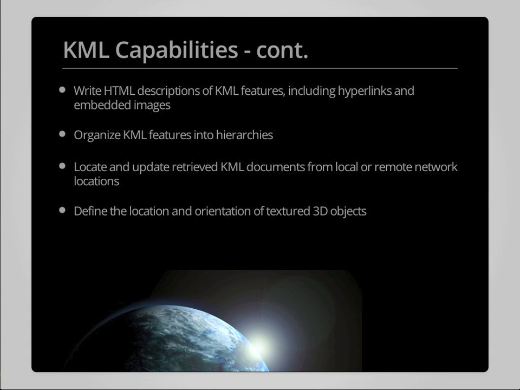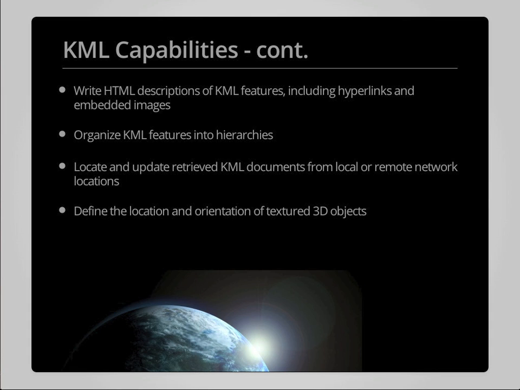So essentially, you can treat the HTML descriptions as small blocks of web content that you can link to the features. KML includes the ability to organize hierarchical systems of folders and subfolders for organizing features into groups.